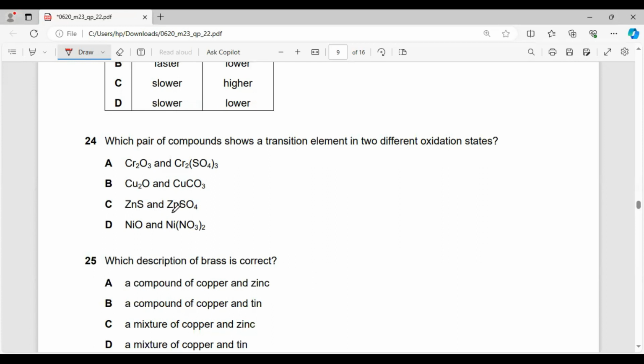In case of ZnS and ZnSO4, both in sulfide and sulfate, zinc is in +2 state, which is the same. For NiO and Ni(NO3)2, again both nickel exist in +2 state. So option B is correct, where copper exists in +1 and +2 states.